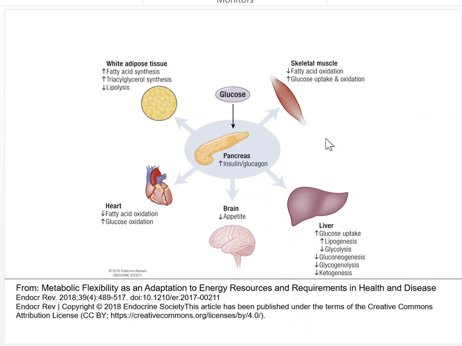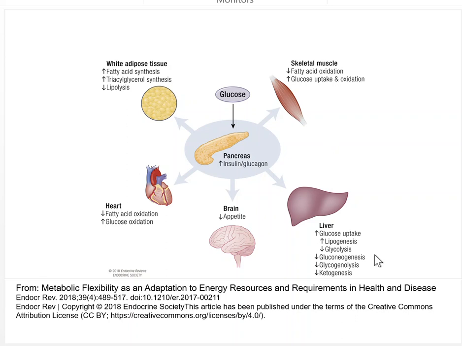I think the first place to start in this discussion is to see what takes place at the liver. When glucose enters the body and the insulin-glucagon ratio is elevated, the liver will take up glucose and start forming fats. It's called lipogenesis.